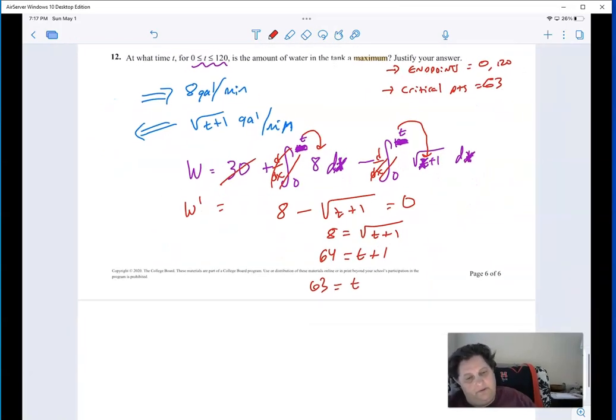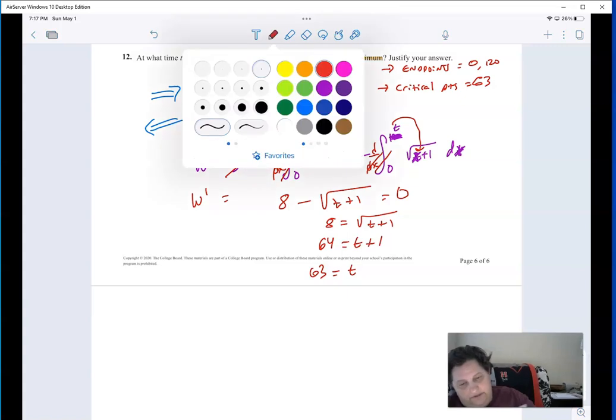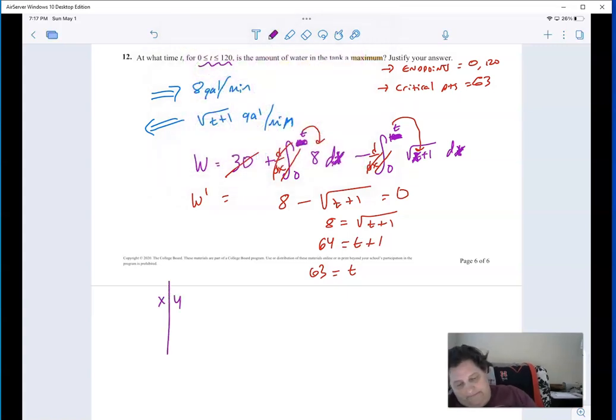So here we have it, guys. I'm going to make a chart with time and water in the tank. I need to figure out how much water there is at 0, at 60, and at 120.